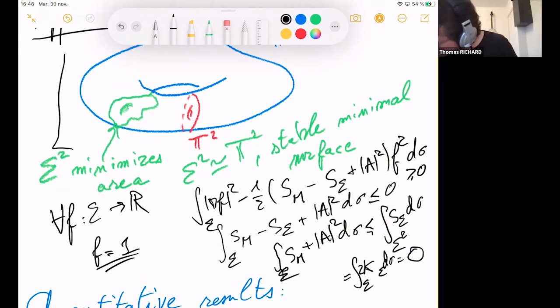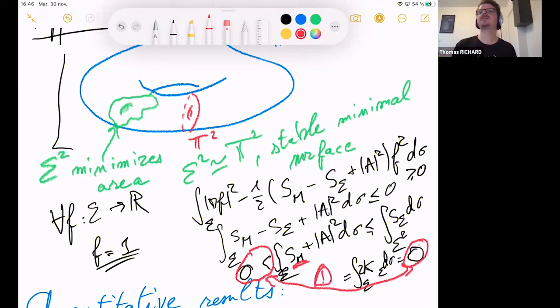And so we have 0 bigger than 0, so we have a contradiction. Since this is bigger than 0, we have something which is strictly positive. So we have proved that T^3 does not have any metric with positive scalar curvature.